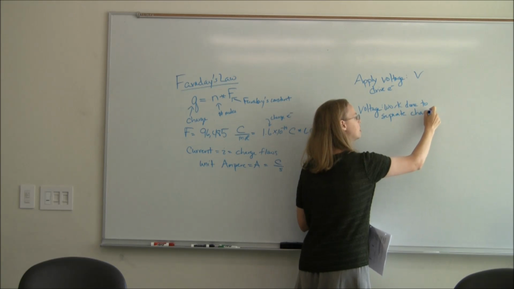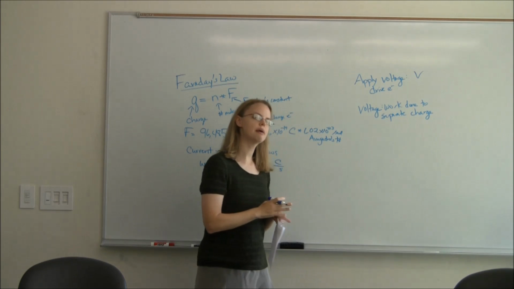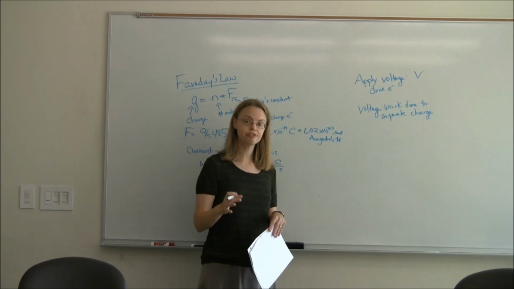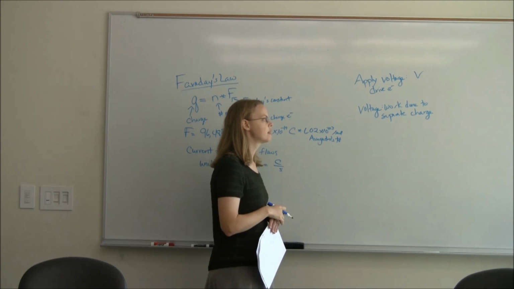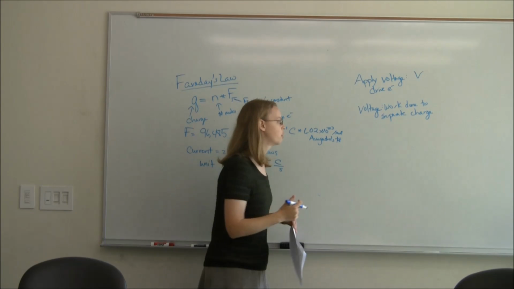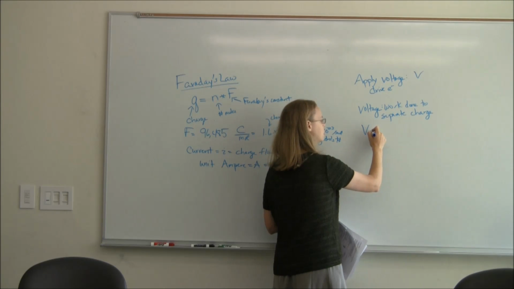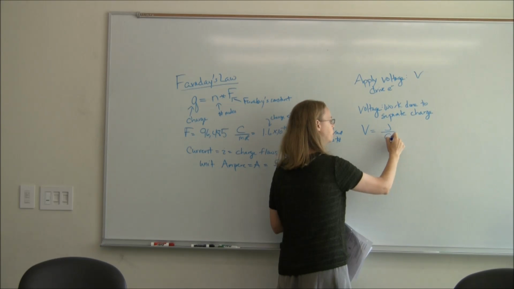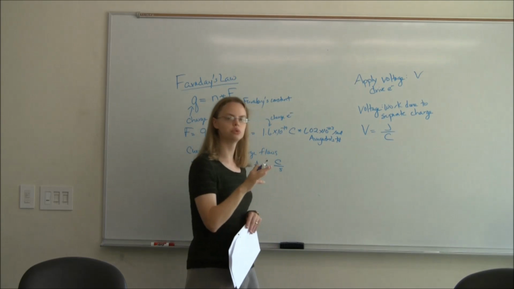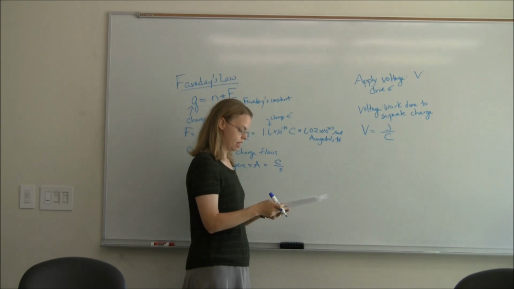So if I'm going to make electrons flow, that's separating charge, then I'm going to have to do some work. And so a volt is a joule per coulomb. So joule, a unit of work, per coulomb.